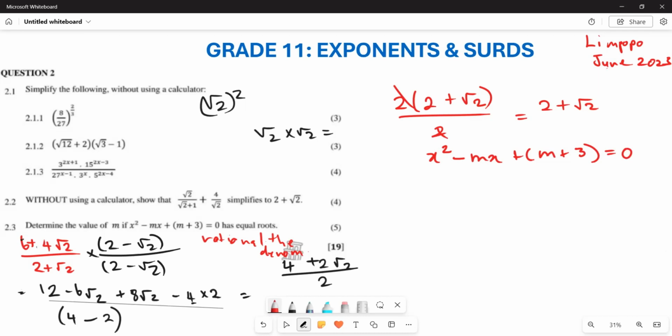Now, remember, for these to have equal roots, your delta must be equal to 0. When we talk of equal roots, your delta must be equal to 0, right? Your delta is given by b squared subtract 4ac is equal to 0, right?